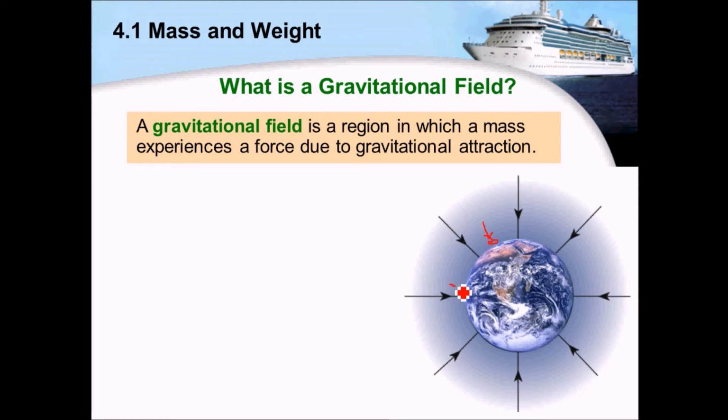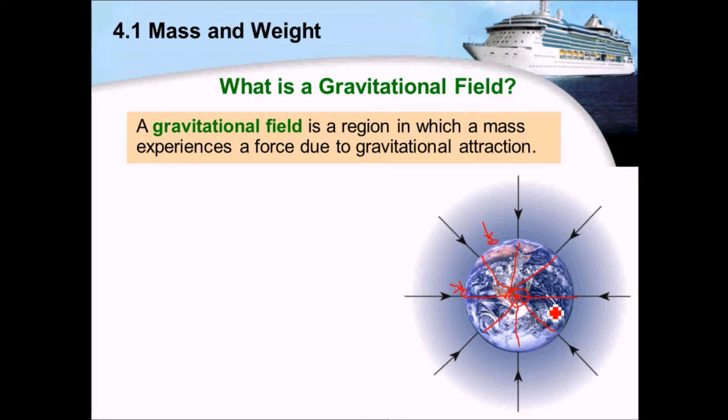If you draw a line down, all the lines, regardless of where you are coming from, will go towards the center of the Earth. Sorry, my lines are not very straight, but you got my point.